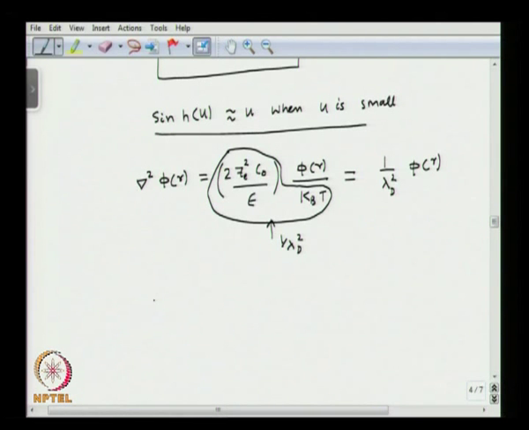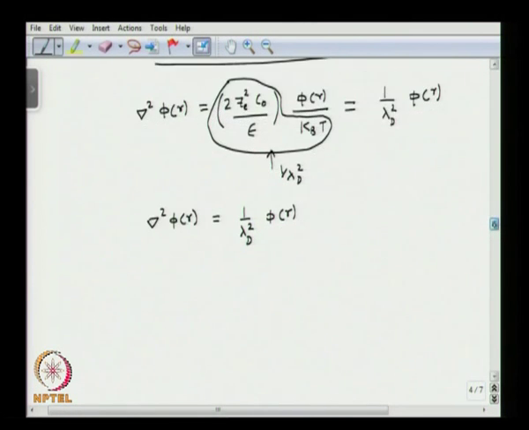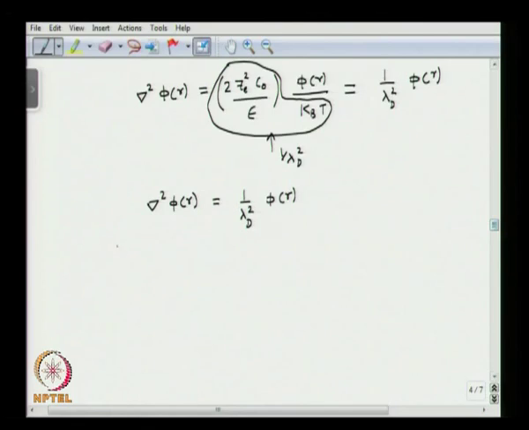So we have the equation del square phi r is 1 over lambda d square into phi r. Now for a planar surface, you can write del square phi z will be equal to 1 over lambda d square into phi z.